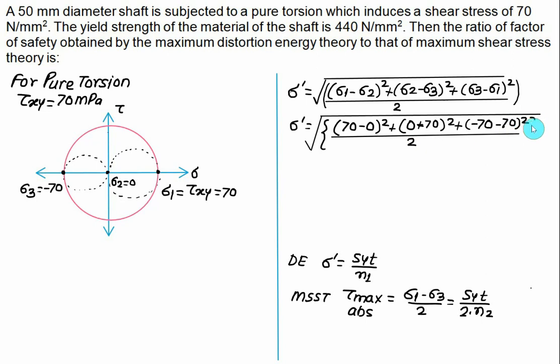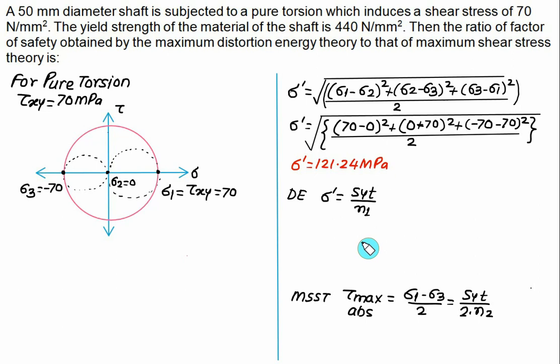So from this we can calculate the von Mises stress. So von Mises stress will be equal to 121.24 megapascal. So we can apply the distortion theory and we can calculate the value of n1.